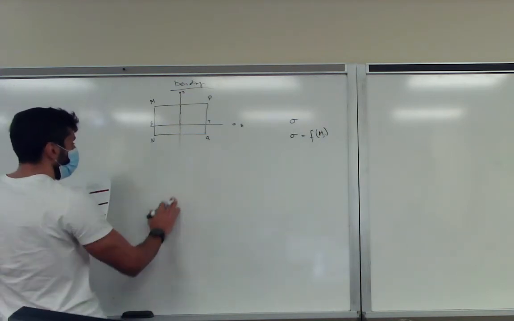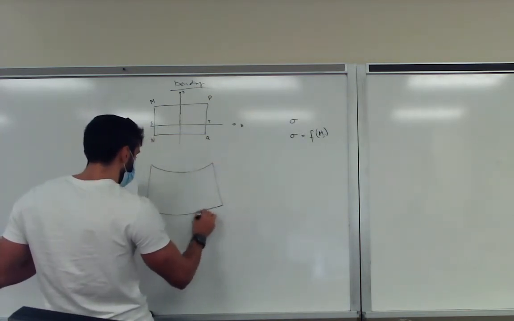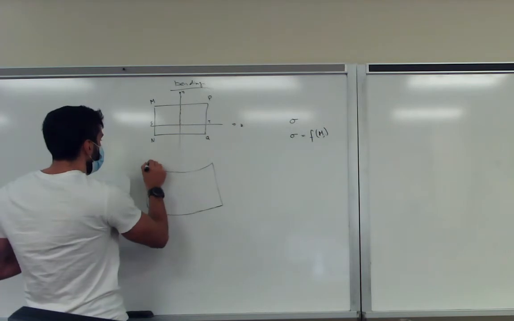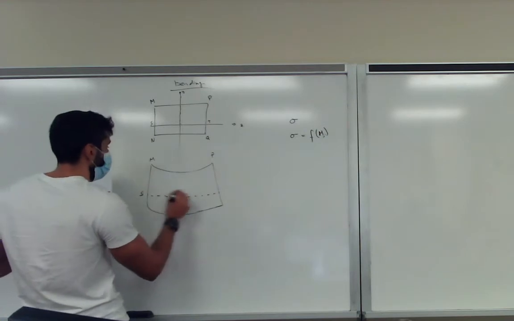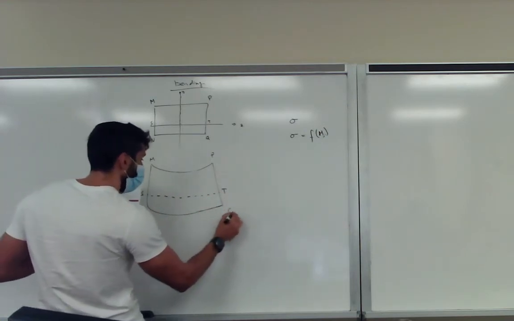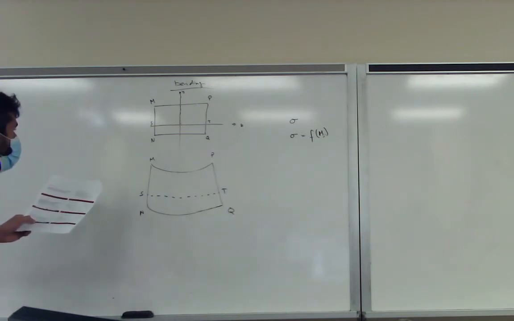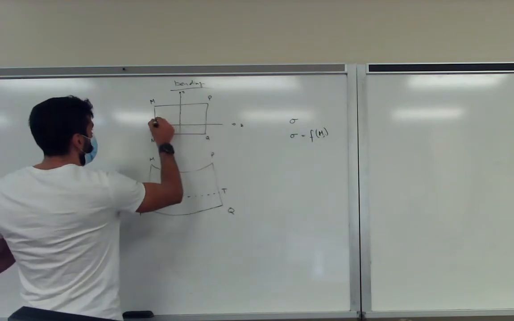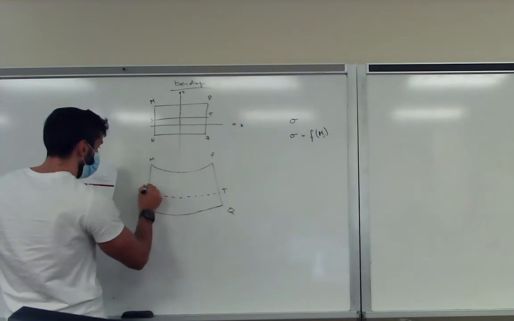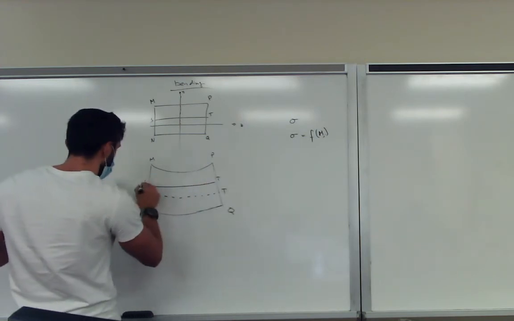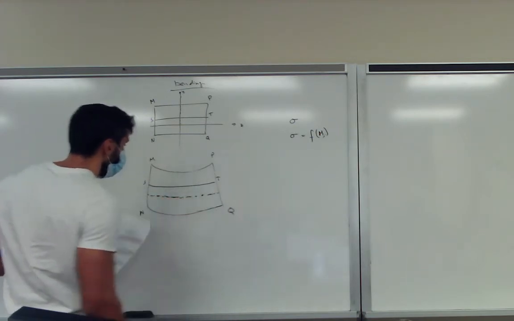And then we can do the same thing for after, the deformed case. And we have the same thing: M, P, S, T, and Q. This is T, S, and this is our axis system.